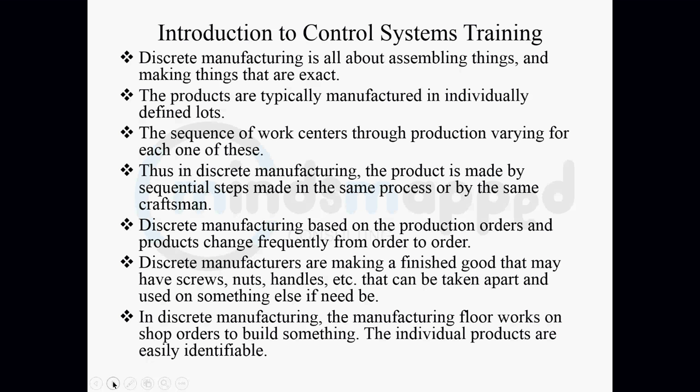Although you're making several of those, they're all going to be exact. If it's a model of a car, then that model is always going to be exactly similar, right?